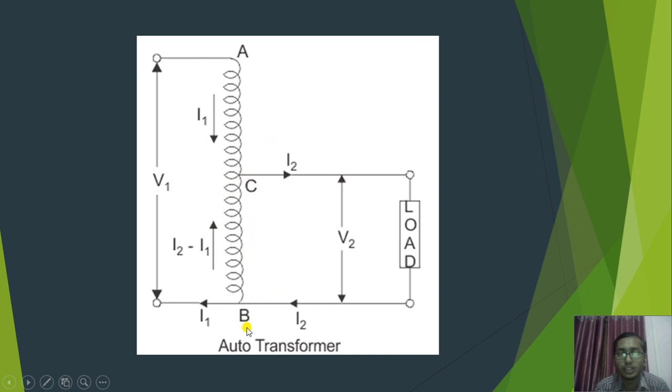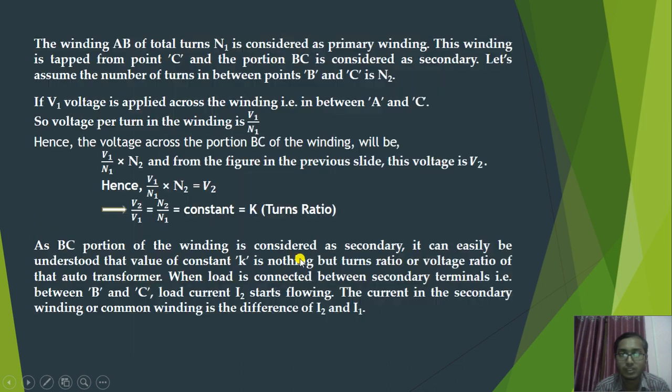So the voltage on the secondary side will be V1 upon N1 into N2. You can see the voltage per turn in the winding is V1 upon N1. Hence the voltage across the portion BC of the winding will be V1 upon N1 into N2, and it must be equal to V2, because we know that the winding BC has N2 turns.